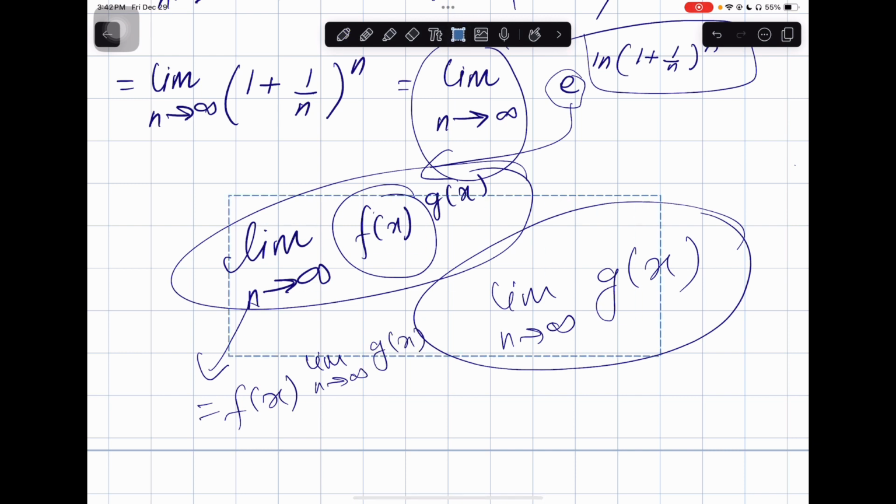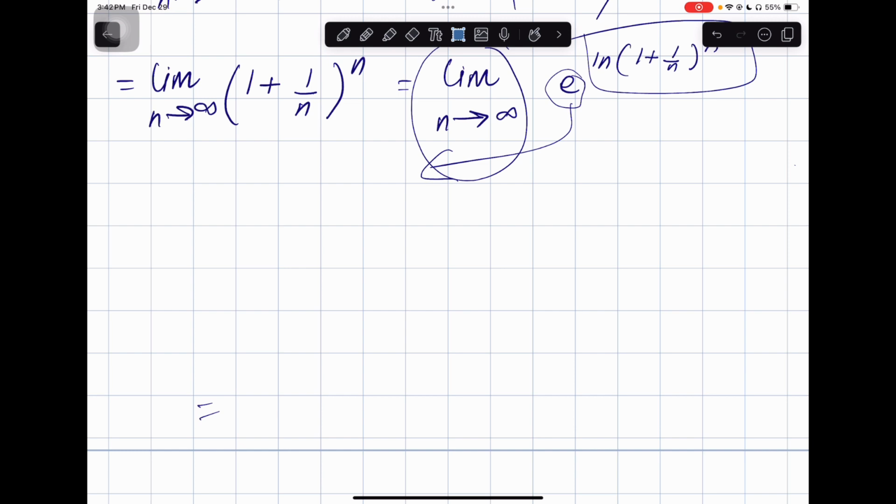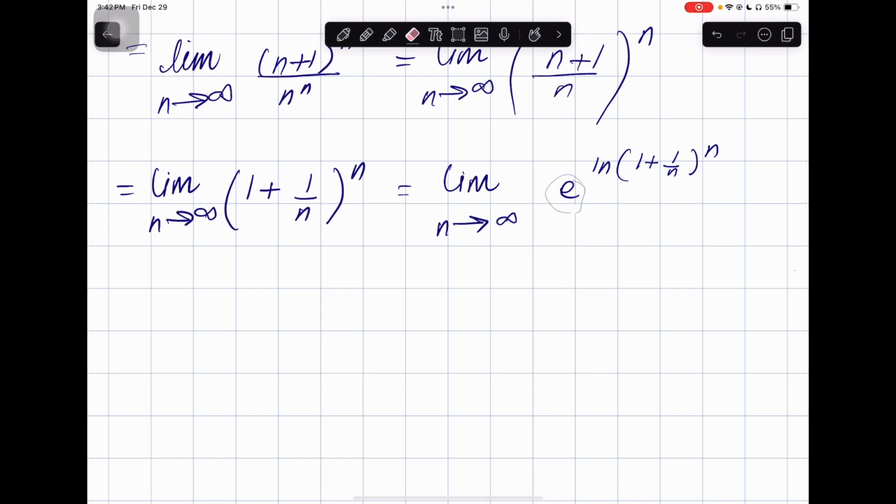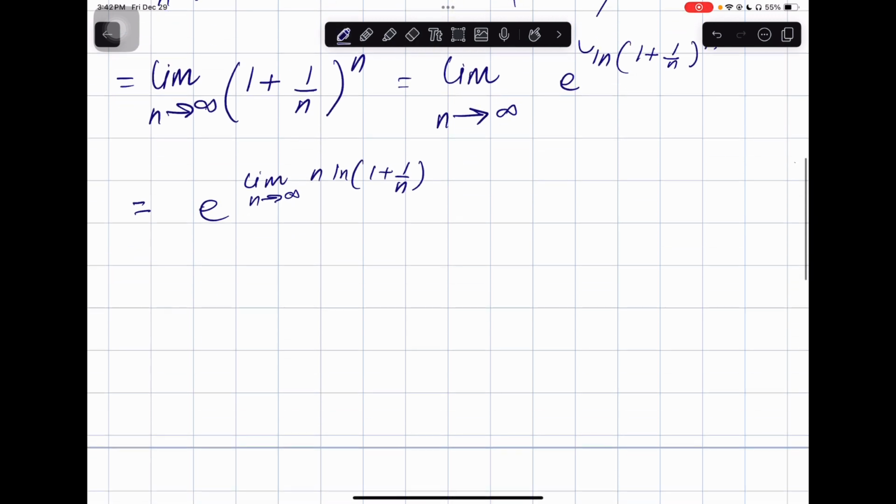I will be using that concept right here. So since e is continuous everywhere, I can write this as this. I just took the power and brought it in front. That's another property of logarithm.